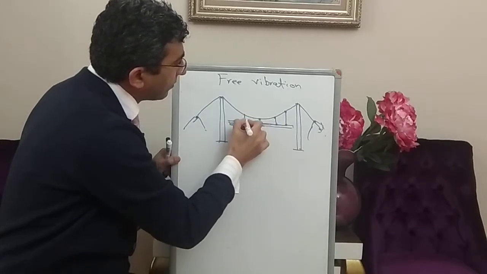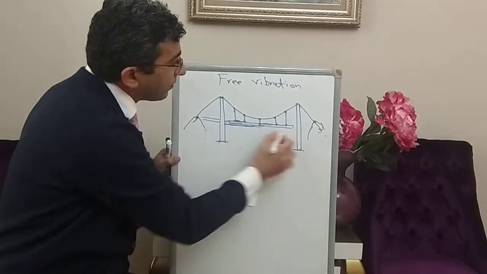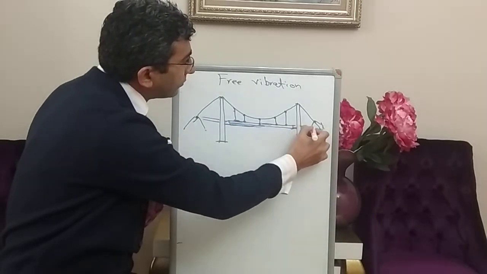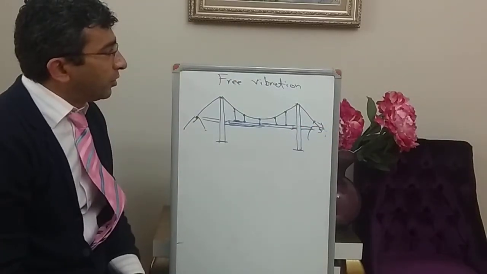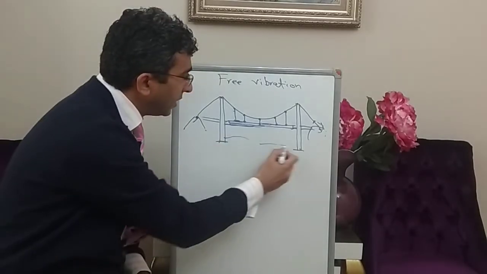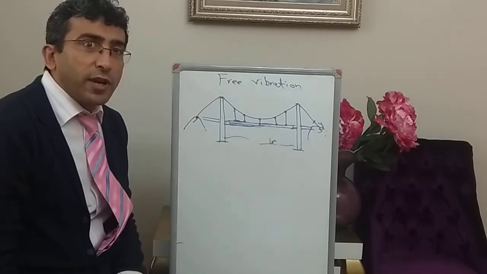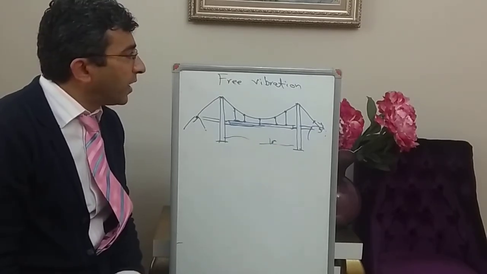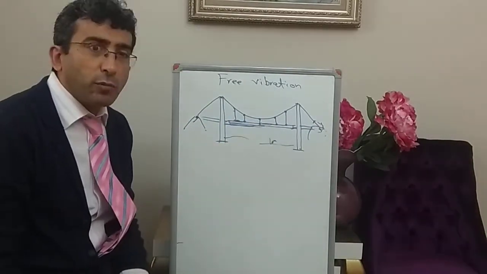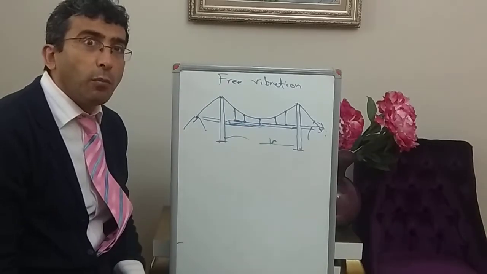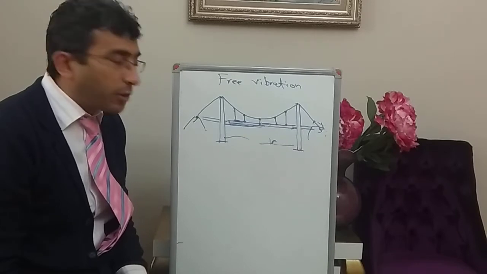Of course, there is a continued road and there is a span. This is the sea level. If you want to know the free vibration characteristics, the free vibration is actually, as we will see now, just a kind of harmonic or sinusoidal motion with a frequency which is related to the natural frequency of the bridge.